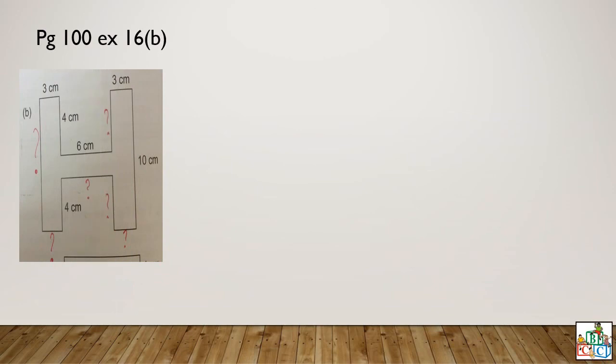Okay, 16B, as you can see in your book, it is a shape, but you will see the interrogation marks everywhere, the red marks that I have put for you, because the number is not given. How are you going to find the perimeter? Very easy. You have to see.